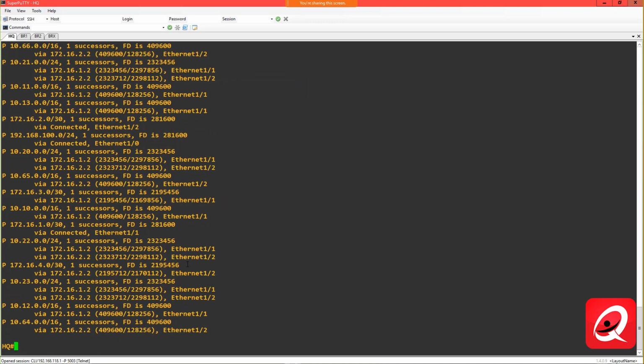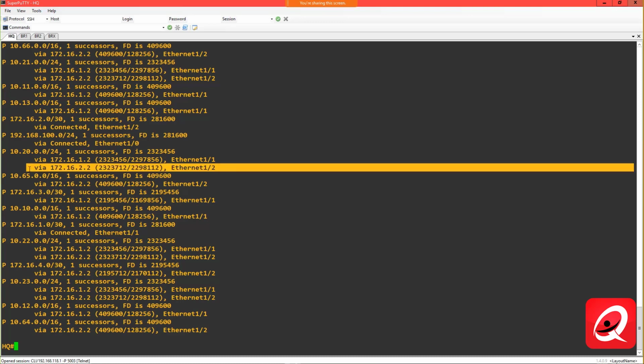And sure enough, for those loopback networks, there's the 10.20. We can see our primary path is through 1.2. The feasible distance of that path is 232.3456. And then this is 232.3712, so it's slightly worse than the top path.